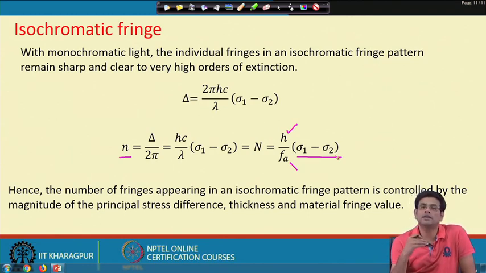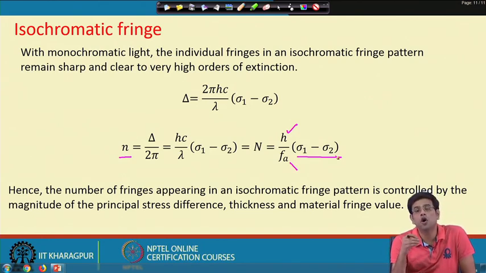Another case is where you do not have the photoelastic material, the material which exhibits the birefringence property. There we use a birefringent coating. Essentially the coating material is a polymer.